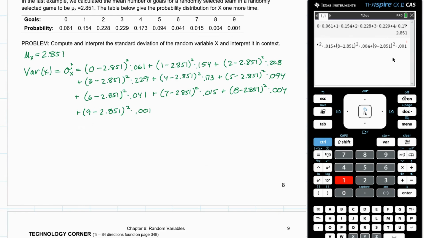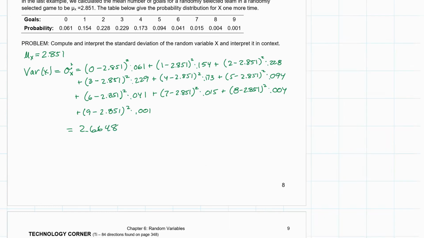And when I do this, I get 2.6648. Minimize that. And again, that's the variance. But what about the standard deviation? The standard deviation is the square root of that variance.